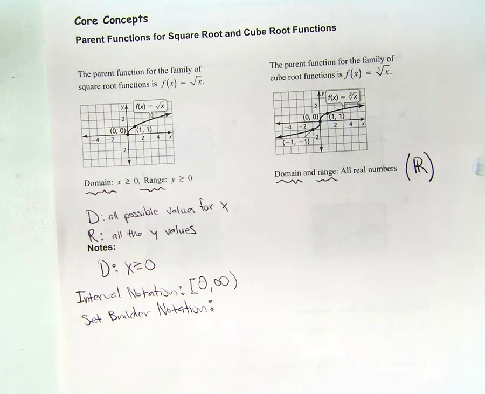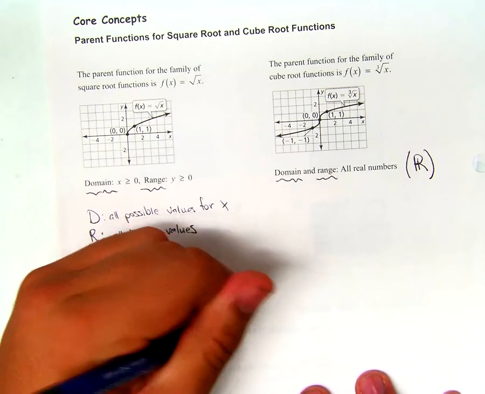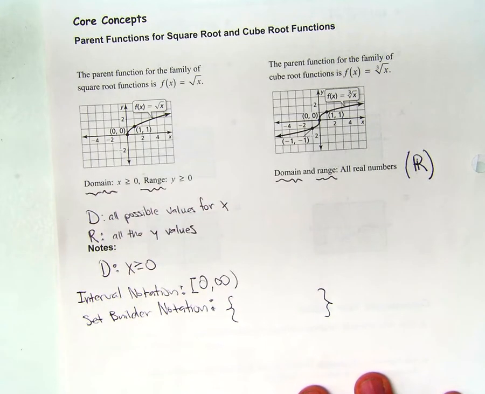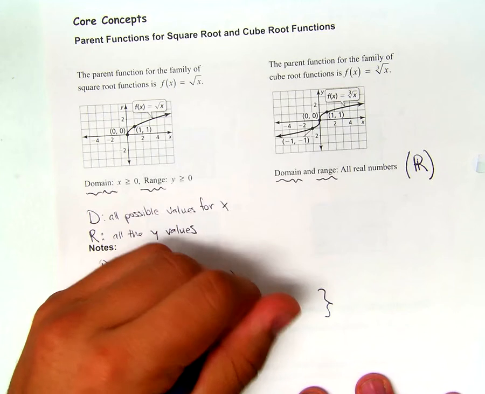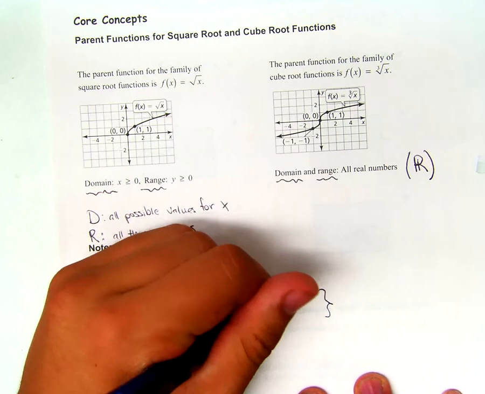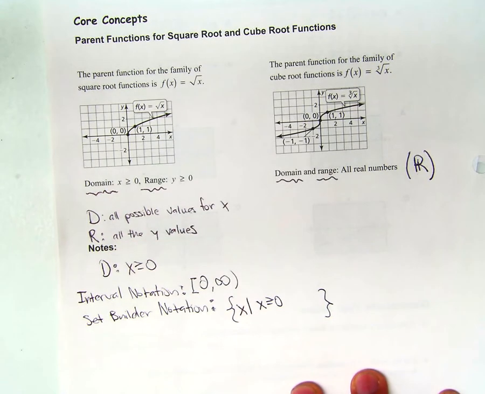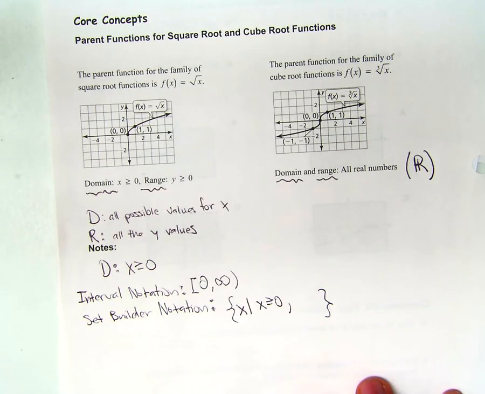And set builder notation is a lot like inequality notation, except there are braces, okay, or the squigglies, and then we tell what variable we're talking about. So it's x such that, and this line here means such that, okay, x such that x is greater than or equal to 0, and then we tell what kind of numbers are greater than or equal to 0.